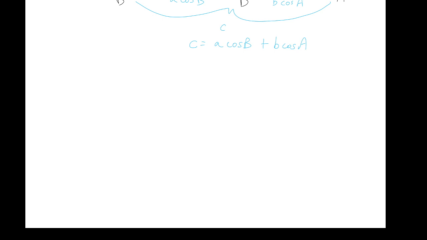We can multiply both sides by C, meaning that C times C is C squared. And then, if I'm going to multiply this entire thing by C, I'm going to distribute C into each of these terms, giving me AC times the cosine of B plus BC times the cosine of A. Just a fun way to express that.